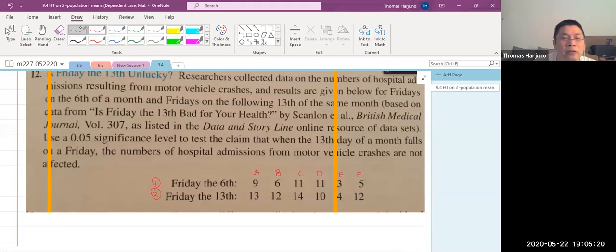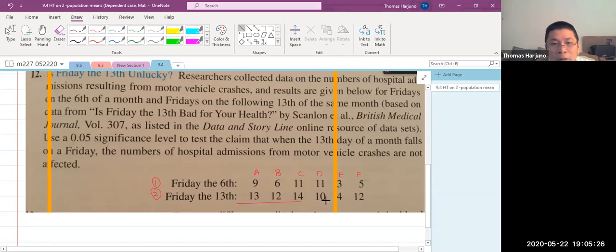Now then, I just go on with this question here right away. I will find the difference. The differences, for D, which is x1 minus x2, will be -4, -6, -3, 1, -1, -7.